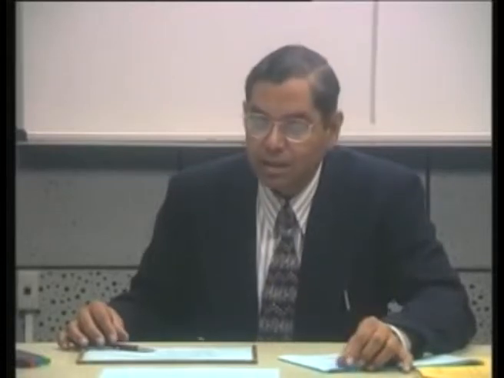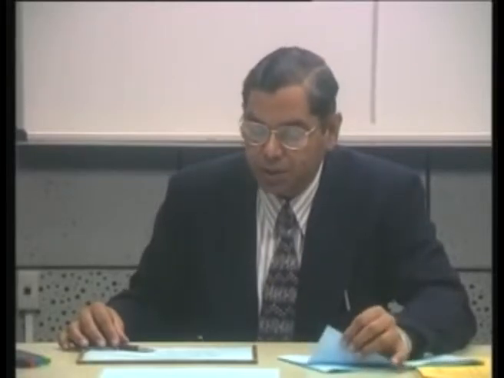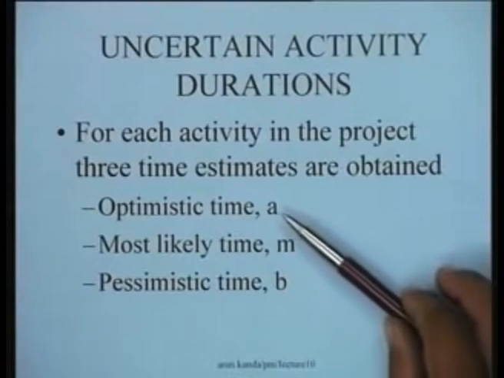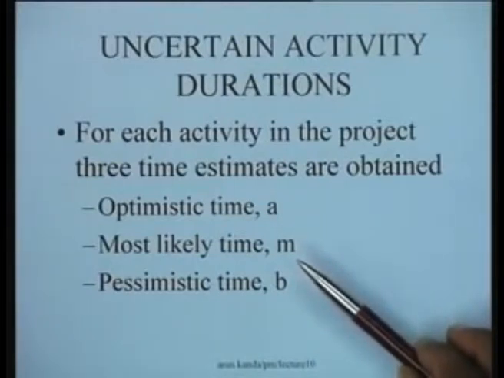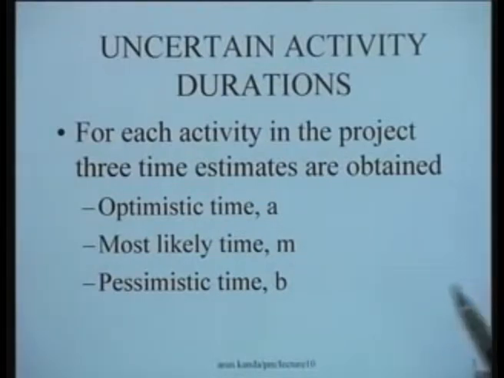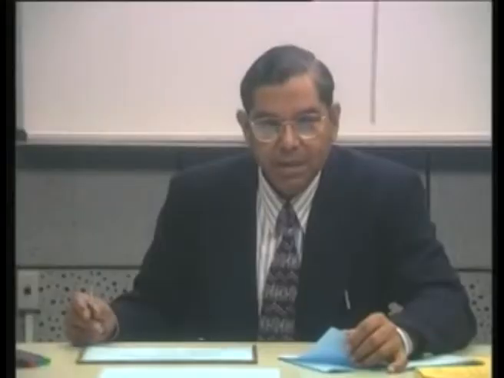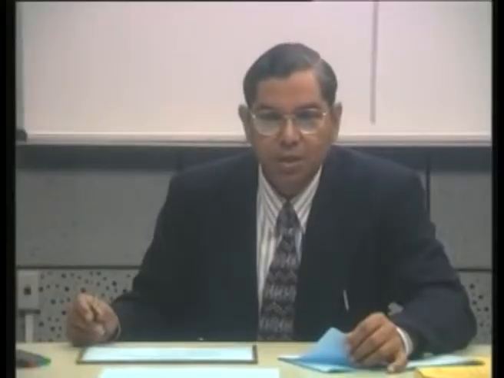So this is how we can capture the uncertainties in activity durations by making 3 time estimates instead of a single time estimate, as we do in the basic scheduling computations that we did in the CPM analysis.